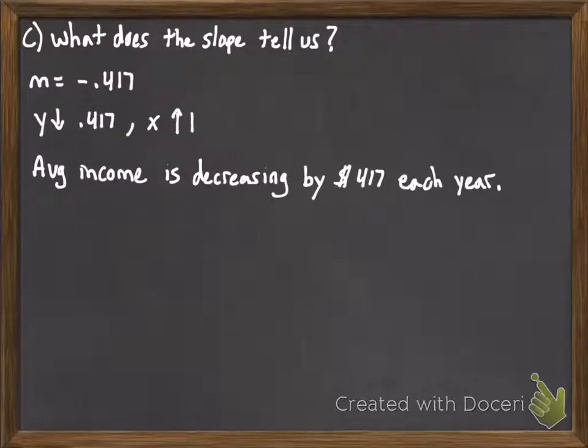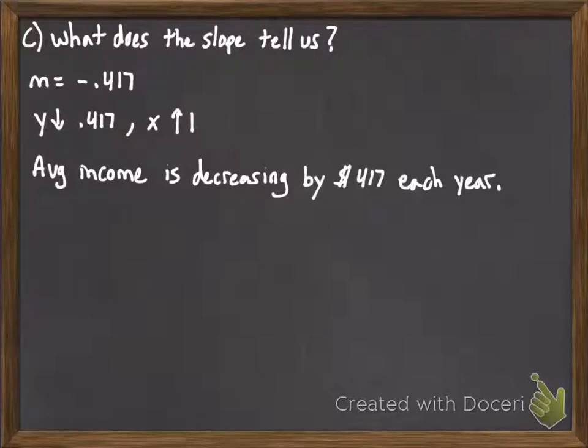Not a very promising situation, but that is what the actual data kind of indicates. That income is going down. The average income has actually been going down. And you kind of think about some of the things that happened between 2000 and now.